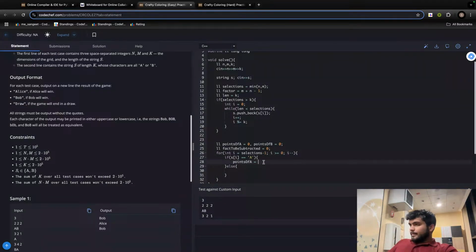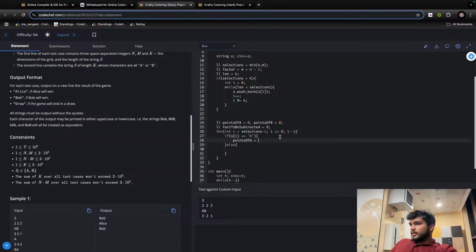Points of A. This will be added to points of A. And how much will be added to points of A? Factor minus factor to be subtracted into 2, right? Similar thing will be done in the second case. Just the points will be added to B. Does it make sense?